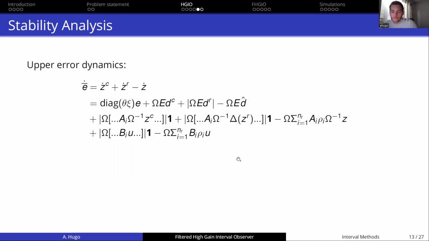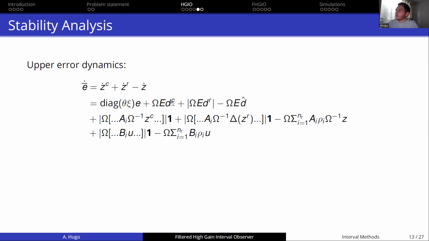Now we will jump into the analysis of this observer, first by proving that we have the cooperativity. For that, we need to consider first the upper error dynamics, which is given here. It is the sum of the center and radius dynamics, and we subtract the high gain observer dynamics, everything in the new base, the Z base.